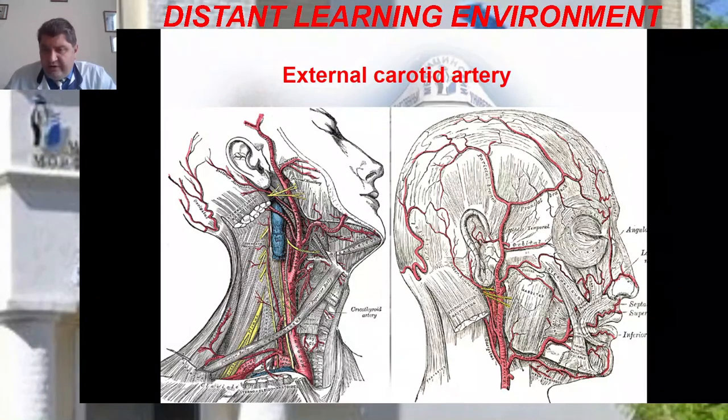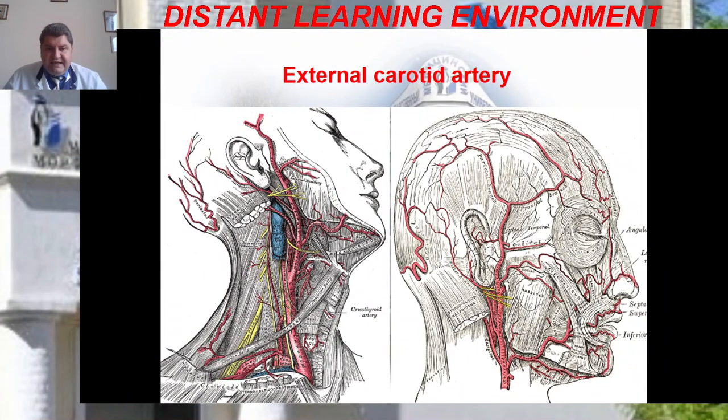Here, the angular artery. And also you may feel the pulsation of this artery here at the medial part of the palpebral rima of the eye, and at the dorsolateral side of the root of the nose.